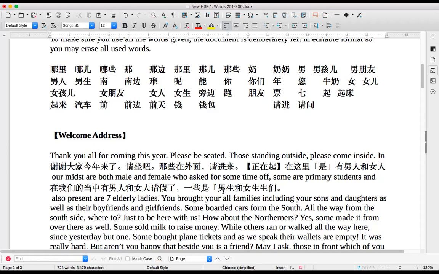Okay. So I could put either or. Here, if you're saying "and," some are male students and female primary students. Male primary students, female primary students. So some are primary students. In English, we don't really bother about the gender.